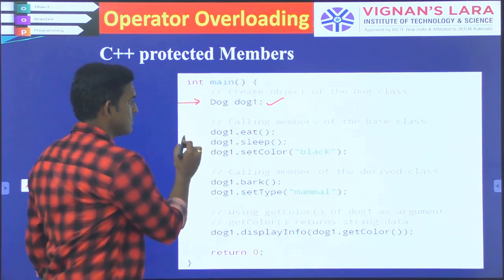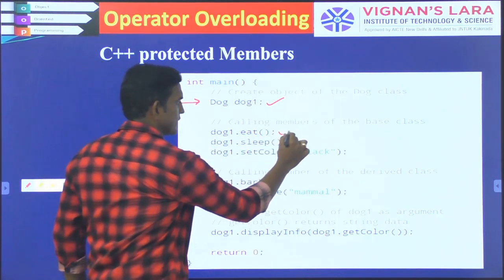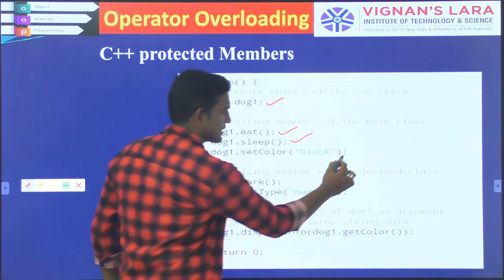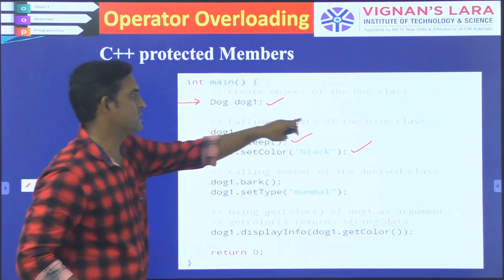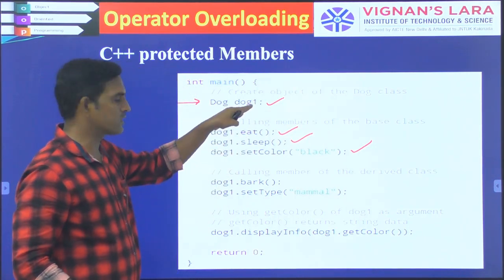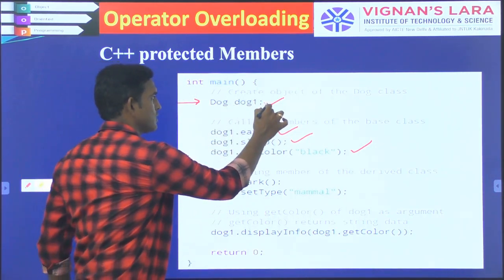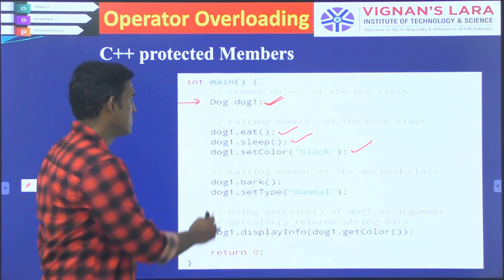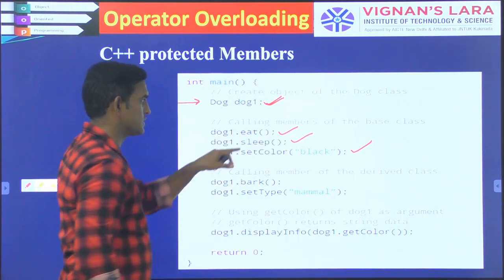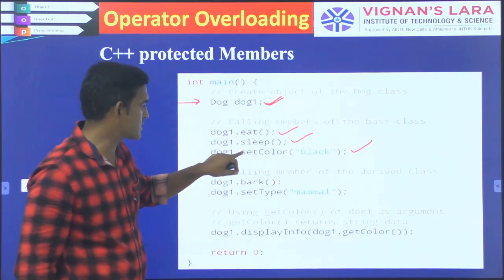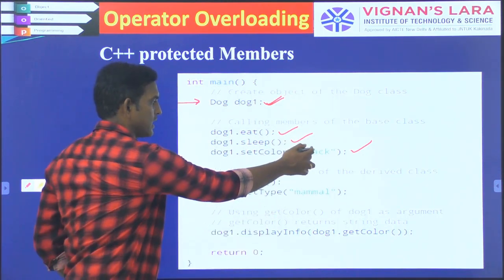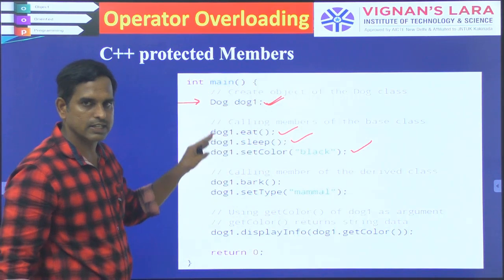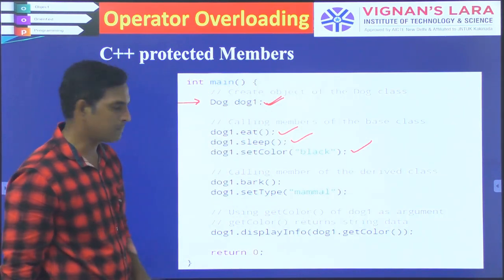Using the dog1 object, you are calling the eat method, sleep method and set color method. These three are your base class methods. These base class methods can be called by using your dog1 object, that is the derived class object. So you are calling eat, which is a base class method, sleep, which is a base class method, and set color as black. This black will go as your parameter and you are going to set color as black.